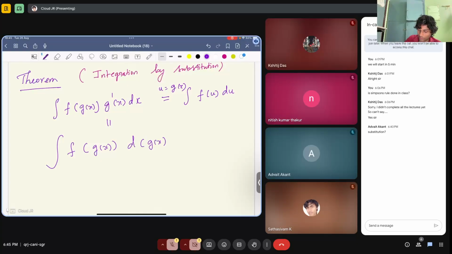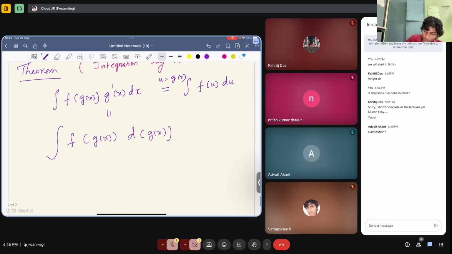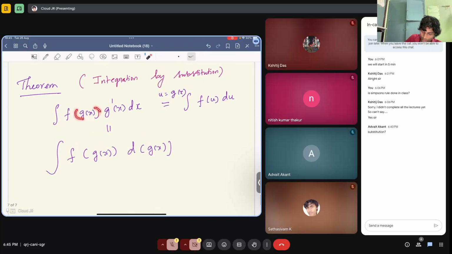So what basically you're doing is, instead of seeing this function as a function of x, you have f of g of x, right? Now you are seeing this as a composition of two functions. Basically what you're doing is we are trying to reverse the chain rule. Here you have f of g of x, and you are seeing it as a function of x.